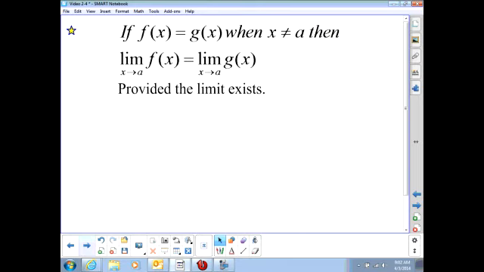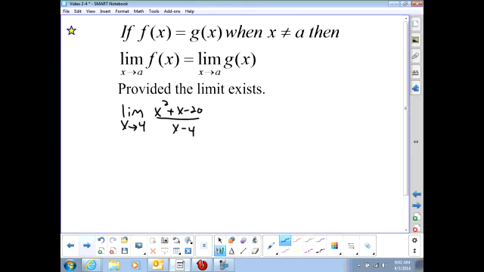So really what we did is we wanted the limit as x approaches 4 of x squared plus x minus 20 over x minus 4. When we canceled out, we actually took the limit of x plus 5 as x approaches 4.